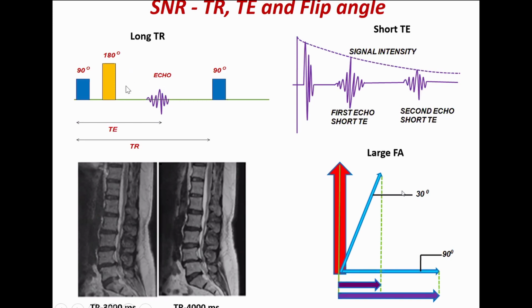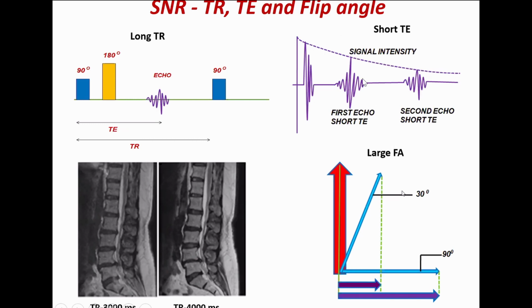If we have a long TR, it will allow full recovery of the longitudinal magnetization so that more vectors are available to be flipped in the next excitation. Comparing these images, the first has a TR of 3000 milliseconds and the second 4000 milliseconds. Obviously, you can appreciate the difference in the SNR.